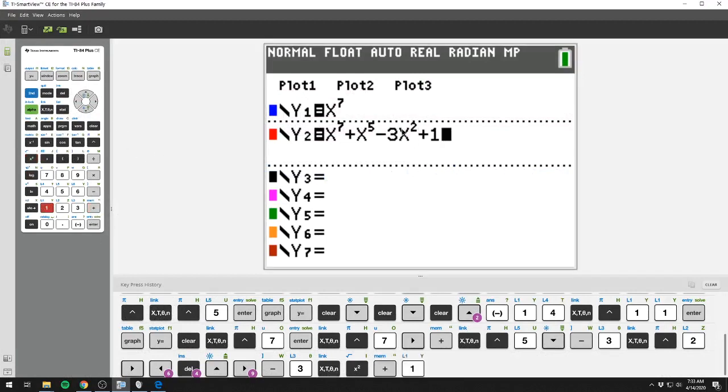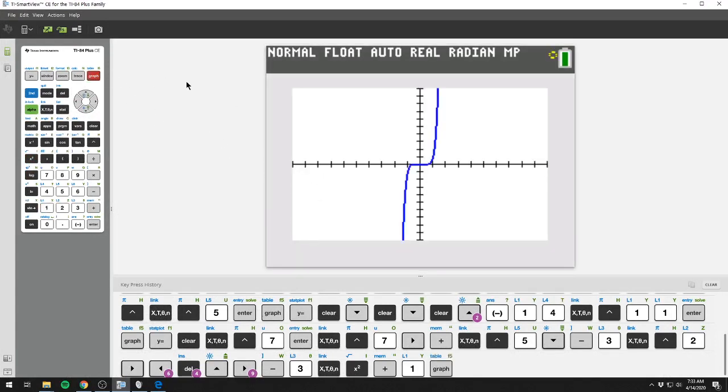All right, so I don't actually know what this red graph is going to look like. It might give us the correct picture. It might not. The blue graph is going to give us what we want.